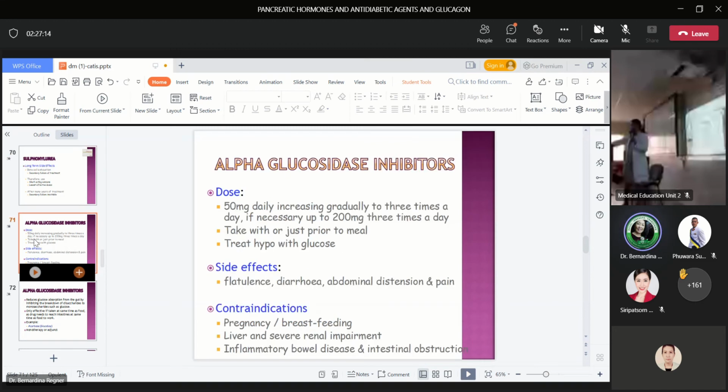Okay, next group, alpha glucosidase inhibitors. The dose is 50 milligrams daily, increasing gradually to 3 times a day. If necessary, up to 200 milligrams 3 times a day. Take it with or just prior to a meal. You can treat hypoglycemia due to your alpha glucosidase inhibitor with glucose or D50 water injection.